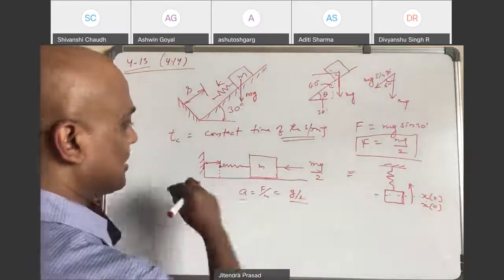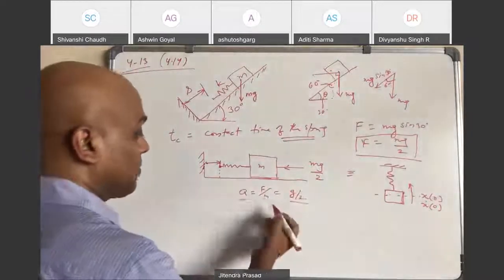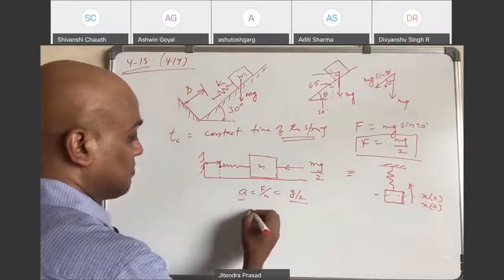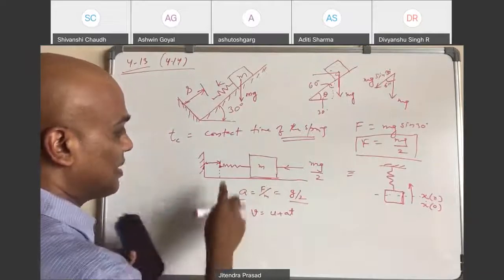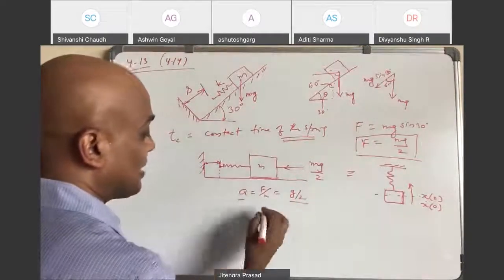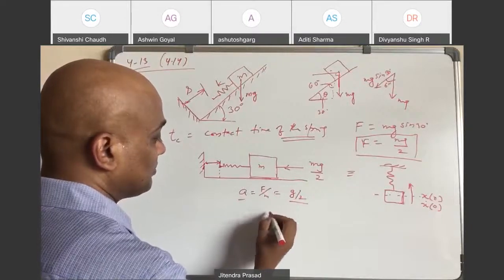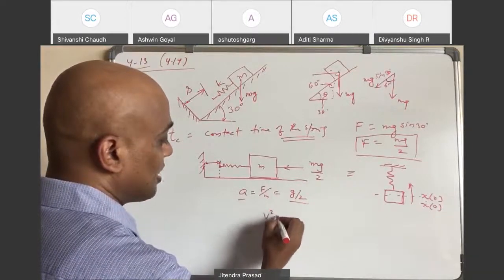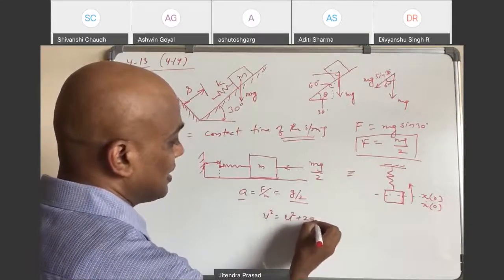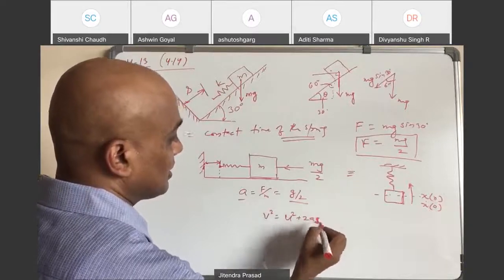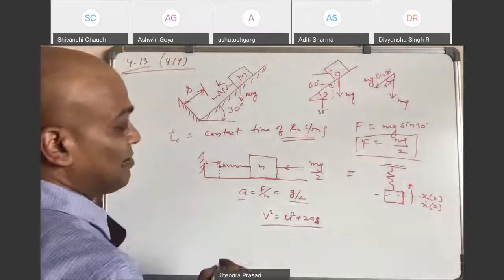Given the acceleration, you can apply v equal to u plus at, but we don't know time, but we know the s, so you apply v square equal to u square plus 2as, right? So you can apply this formula then.